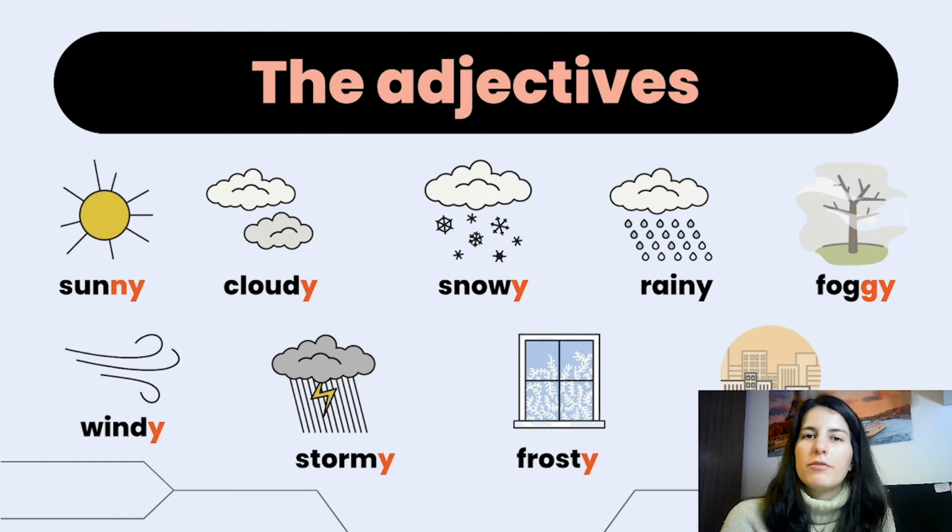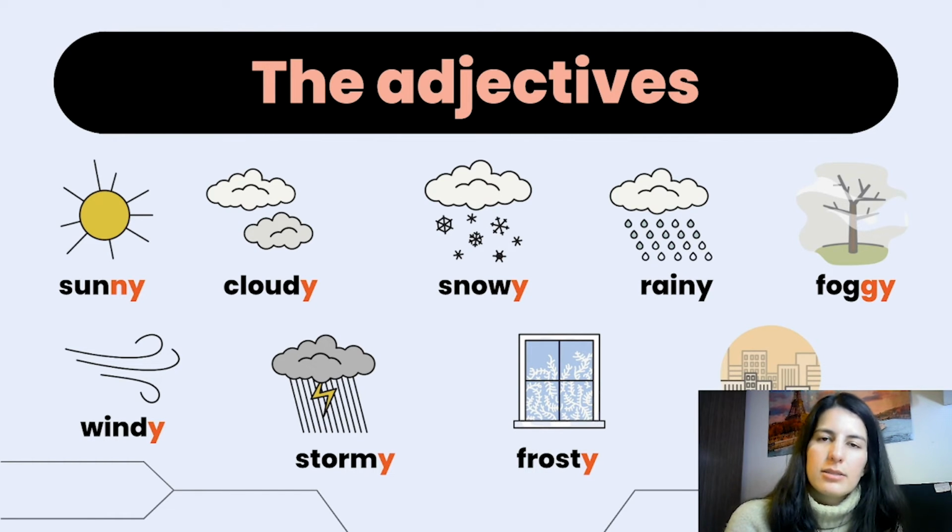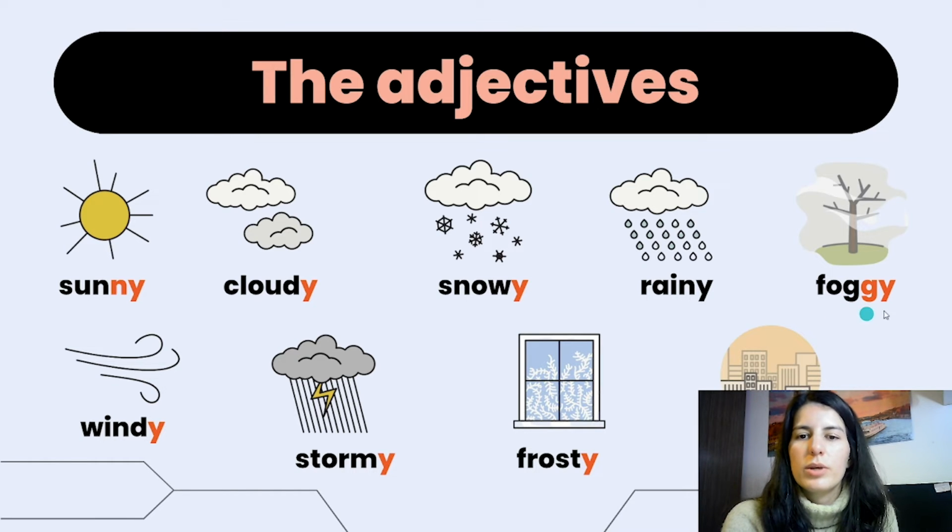That means we have to duplicate the last consonant. As you can see, that also happens in fog, F-O-G, consonant, vowel, consonant. So we double the G here to say foggy, okay? That doesn't happen in any other examples that we have here. We only use the word plus Y, right?